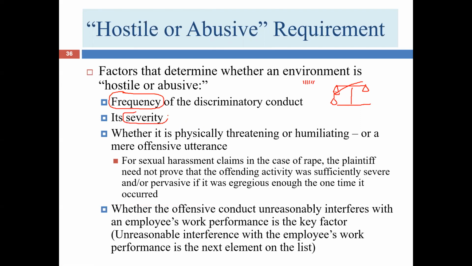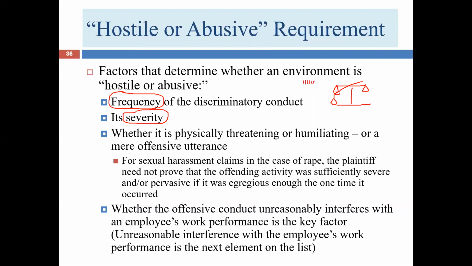And things can be so severe that even a single instance can be sufficiently hostile. In the sexual harassment area, it could be a groping or obviously rape. If we're talking about a different type of harassment, such as race harassment, it could be physical violence, or maybe a noose left in a provocative way that becomes a threat.